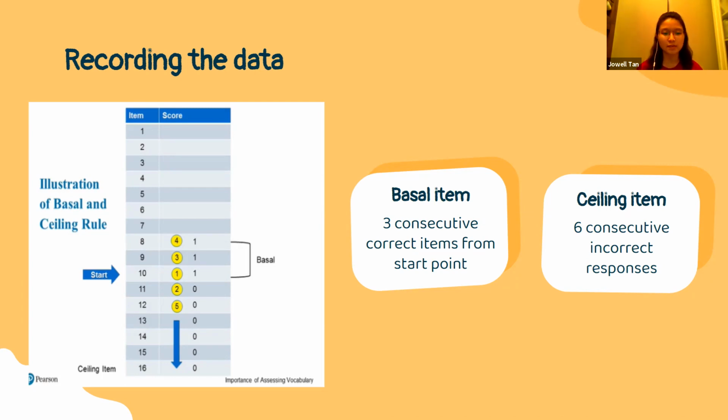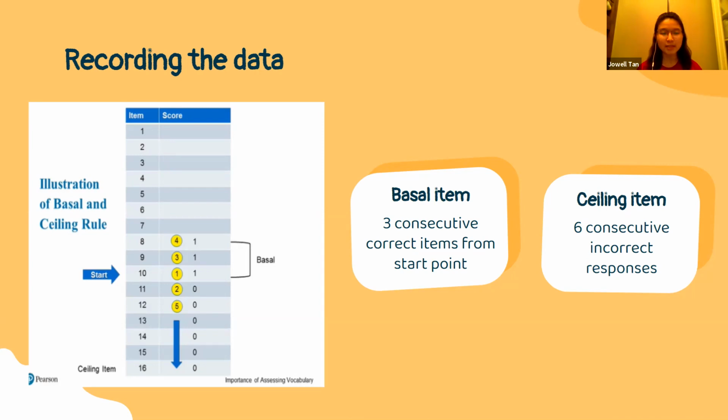Once the basal has been established, the testing can then proceed forward, which in this case would be all the way to item 12. The test will continue until the child makes 6 consecutive incorrect responses, and the last incorrect item will be considered the ceiling item. This indicates that the items beyond the ceiling item are beyond the examinee's ability already, and hence the test will be stopped.